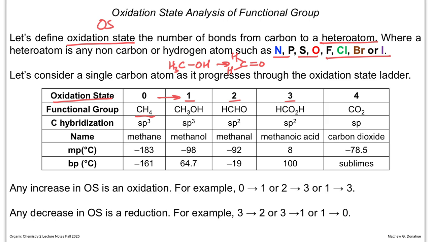To complete the full ladder, we can only do this when we have one carbon. If the hybridization changes from sp2 to sp, we can get to oxidation state 4. And the example that's given here is carbon dioxide, CO2.